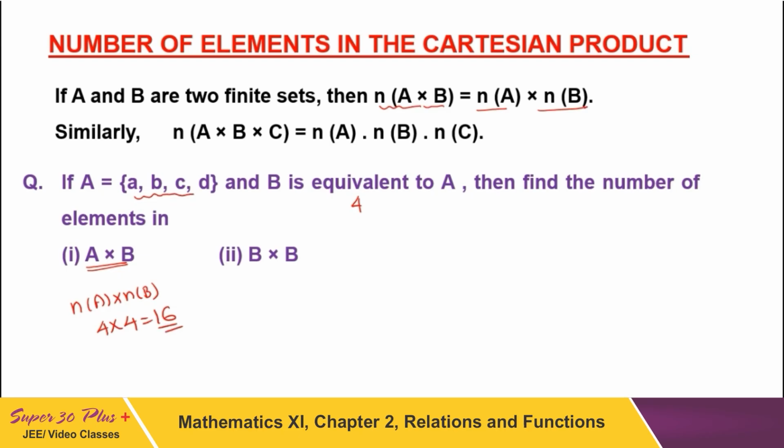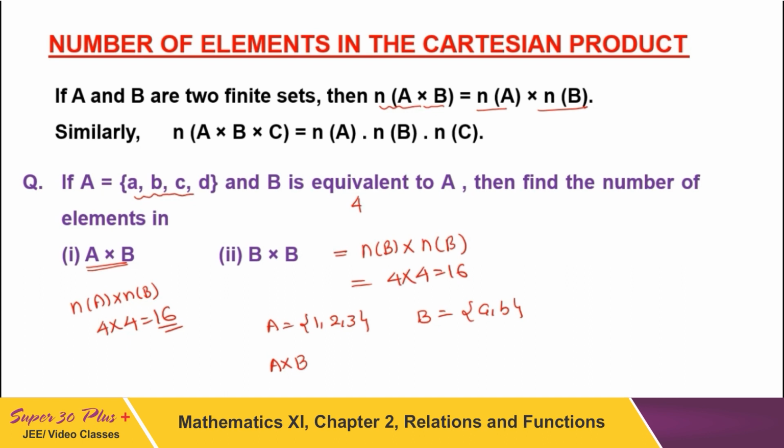And in this case, B cross B is also n(B) into n(B), 4 into 4, 16. Let there be a set A containing 3 elements like this and set B containing only 2 elements like a, b. Then the number of elements in A cross B will be n(A) multiplied by n(B), and it will be 3 into 2 equals 6.